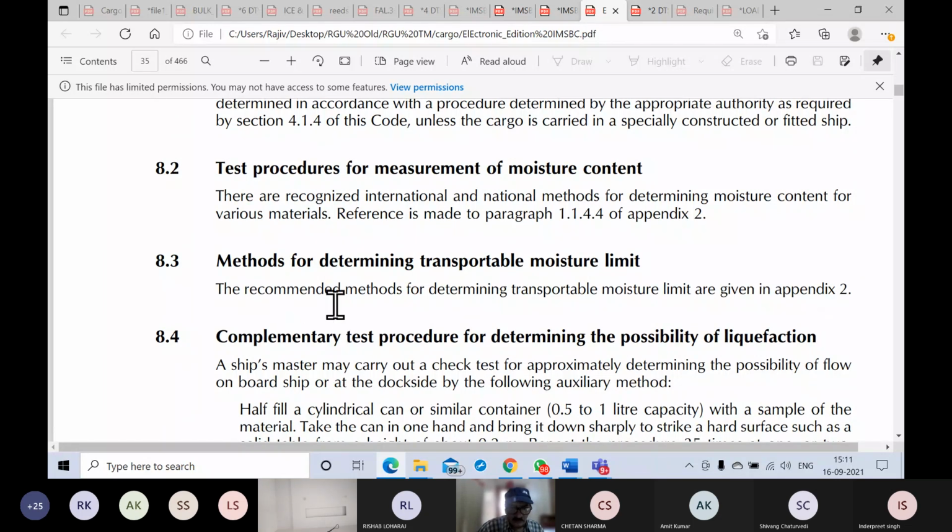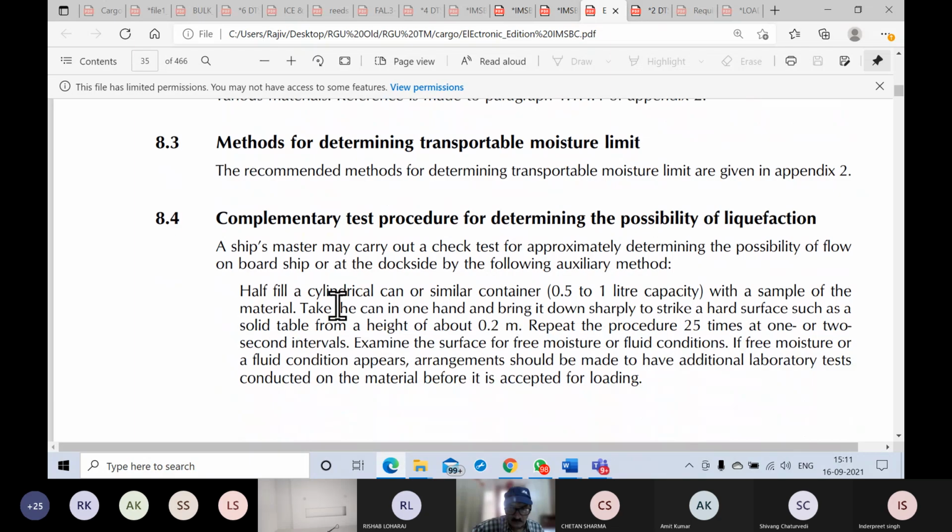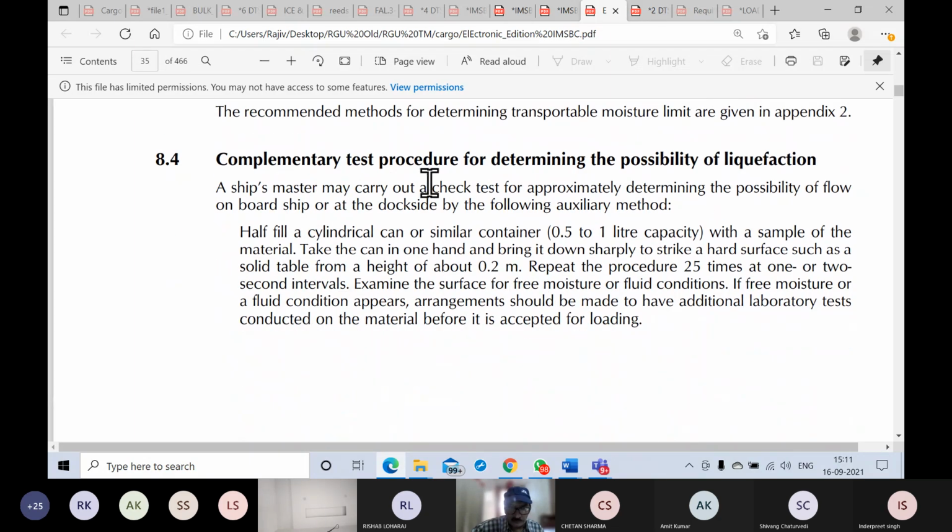How to determine transportable moisture limit, but this is what the laboratory will do. This is what you will get done. The shipper will get it done from an approved lab. This is what the laboratory, one approved institute, will follow to get the test procedures done. But what we are more interested in is this one, the complementary test procedure for determining possibility of liquefaction.